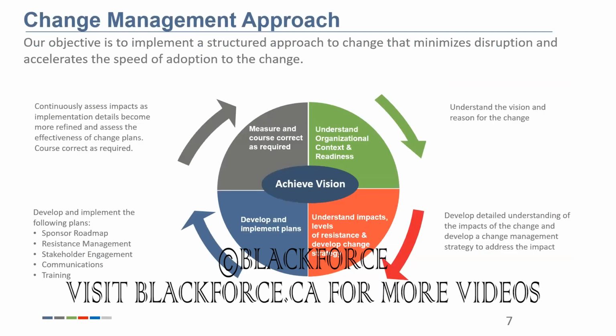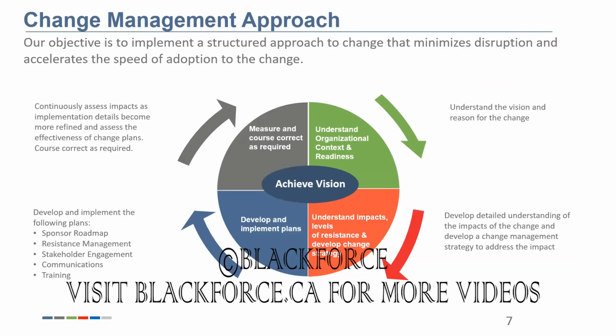Let's talk about our change management approach. Our objective is to implement a structured approach to change that would reduce the level of disruption that will be experienced within and outside the organization. And this is to ensure that the change is well received. So first, we're going to understand organizational context and readiness.